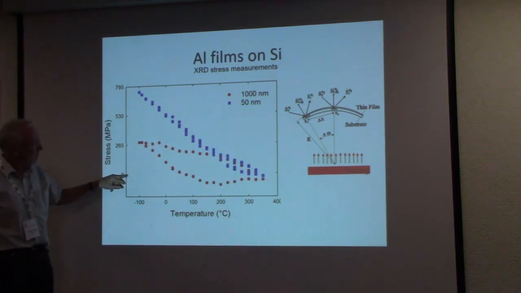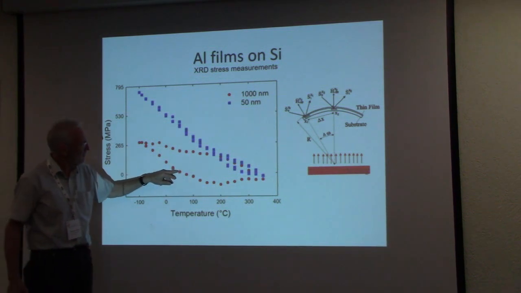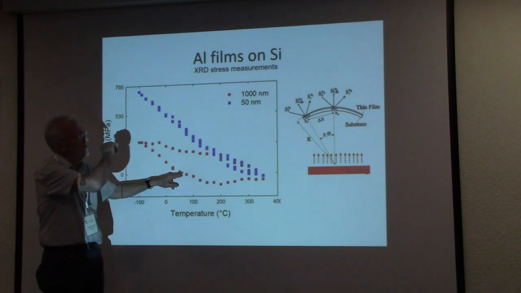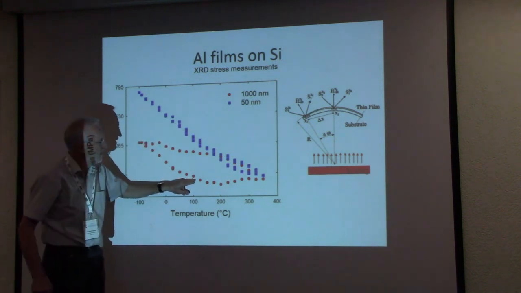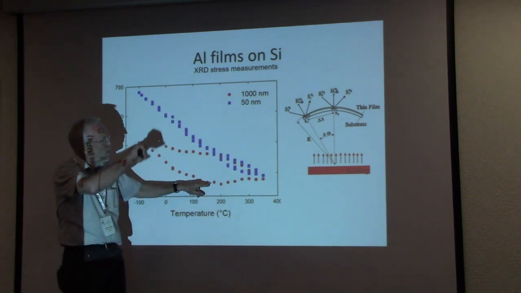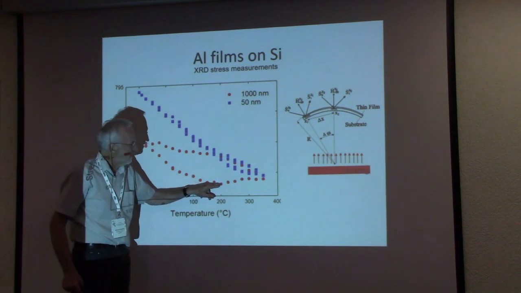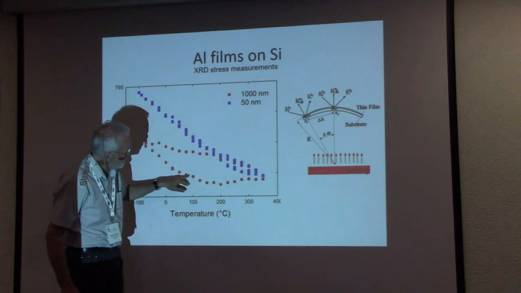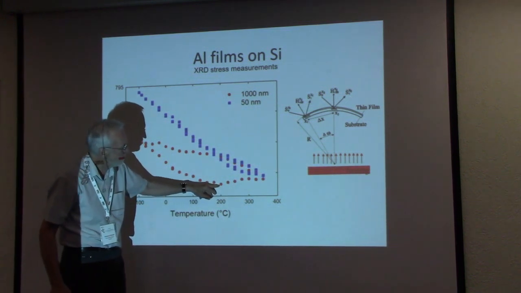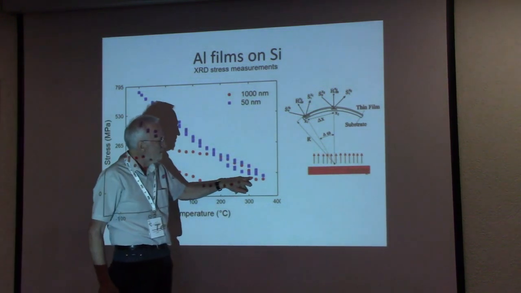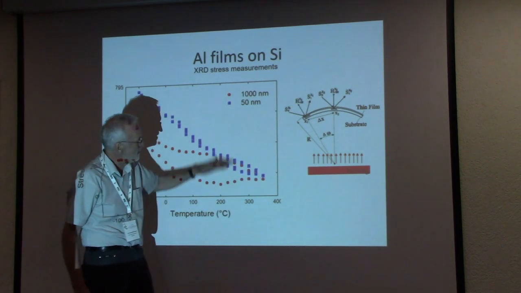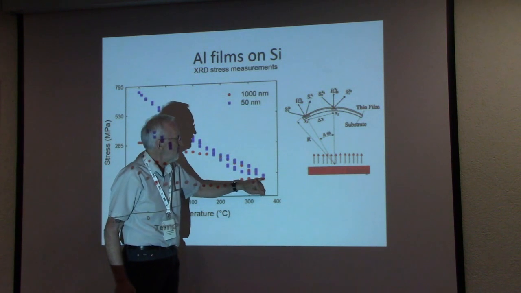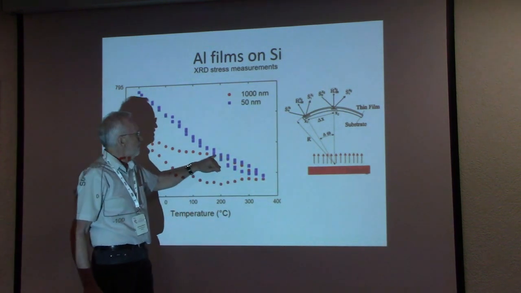You heat up here, the film has nearly no stress, the wafer is straight, then it bends in the opposite direction, and we get the stress increase, then we reach the flow stress. But with increasing temperature, the flow stress decreases, and then the curvature decreases.